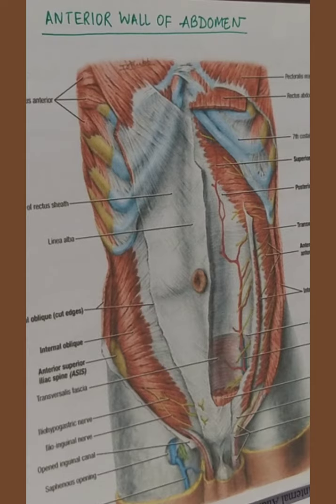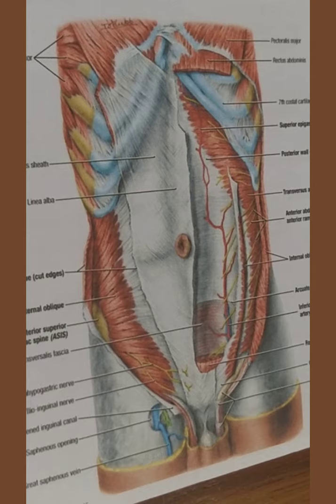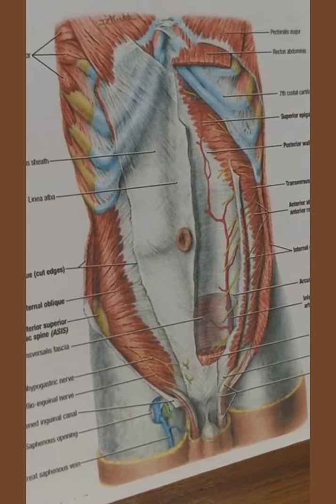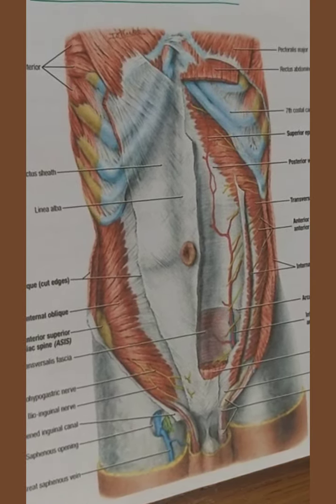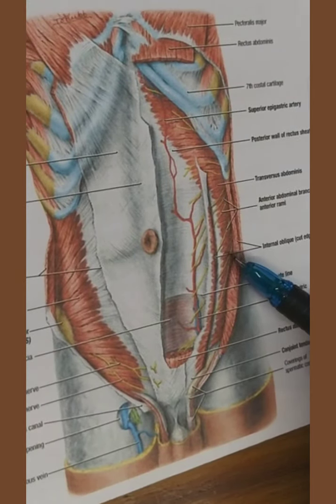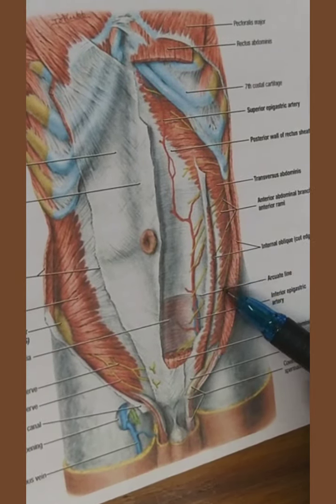Next, we come to the fascia transversalis. So you can see this is the transversus abdominis muscle and it becomes aponeurotic here towards the linea alba.